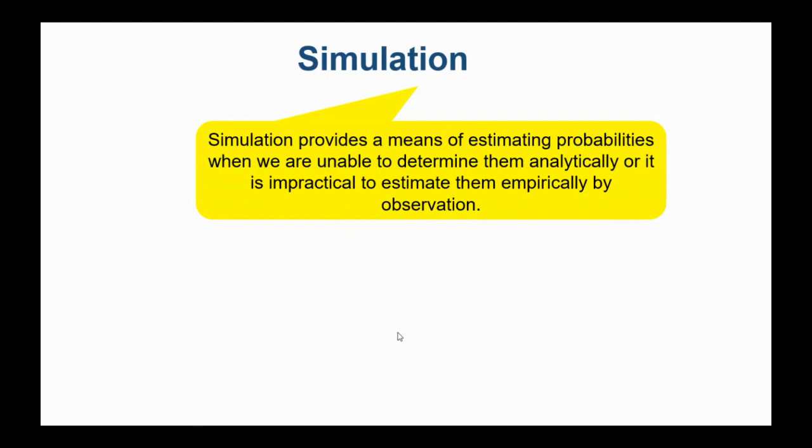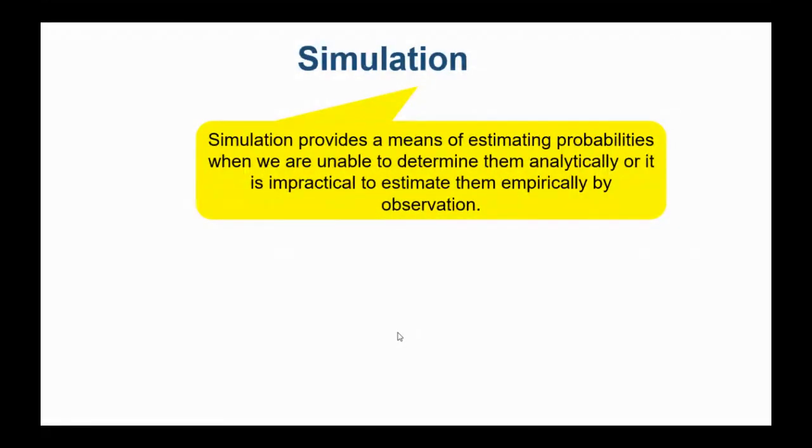So the example we're going to talk about, just to give you a little foreshadowing, we're going to look at how the population would change if couples decided they were going to keep having kids until they had a boy. Would that impact the proportion of boys to girls? Well, that's hard to determine analytically.